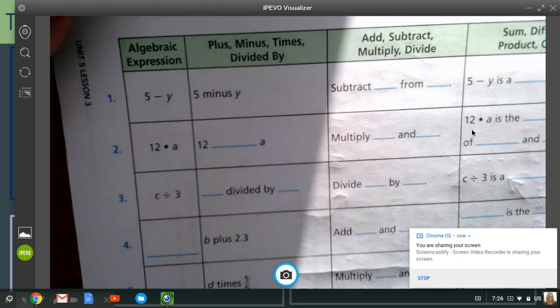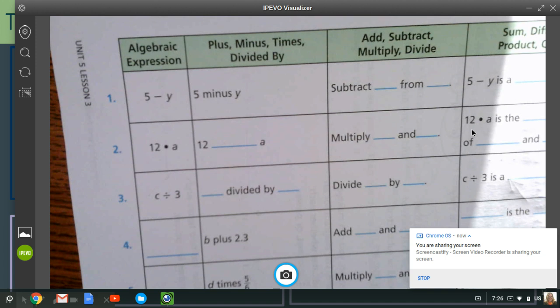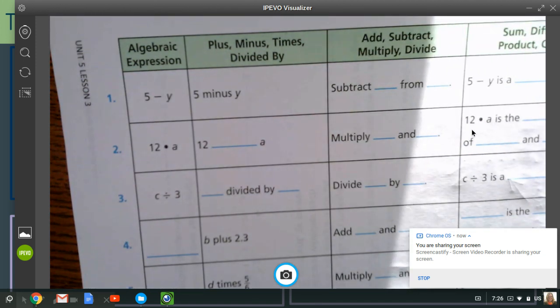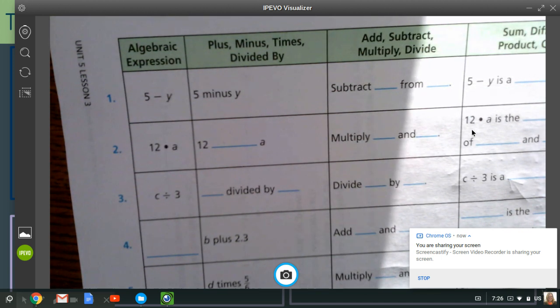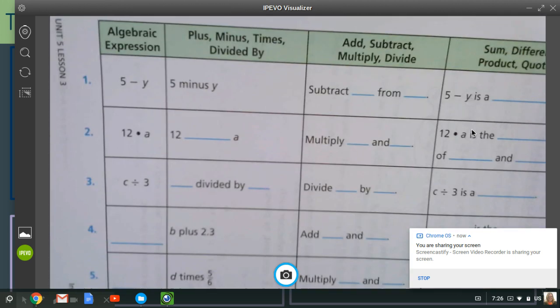If you take a look at page 171 in your journal, we're going to go over the importance of precision and representation. So let's start at the top here.